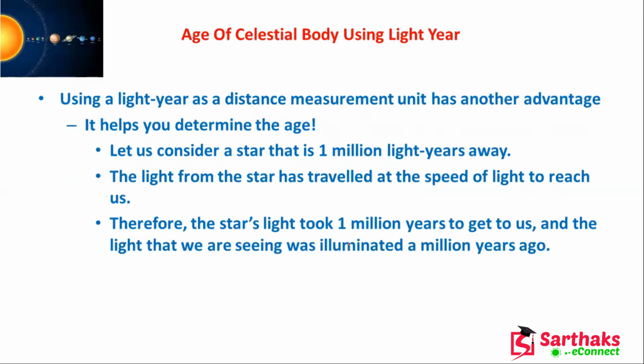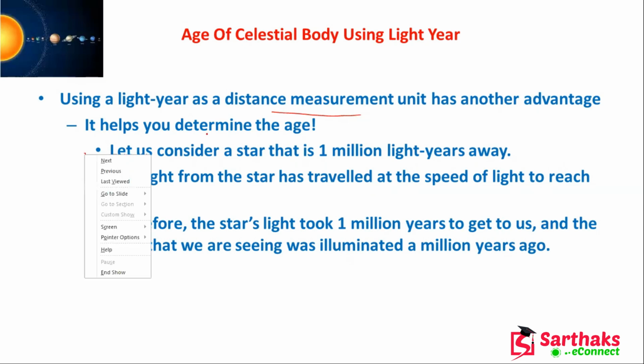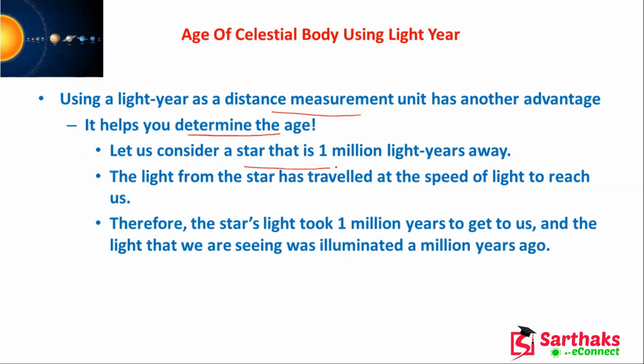Age of a celestial body using the light year. The light year as a distance measurement unit has another advantage: it helps in determining the age of a celestial body. Let us consider a star that is 1 million light years away. The light from the star travels at the speed of light, 3 into 10 to the power 8 meters per second, across this distance.